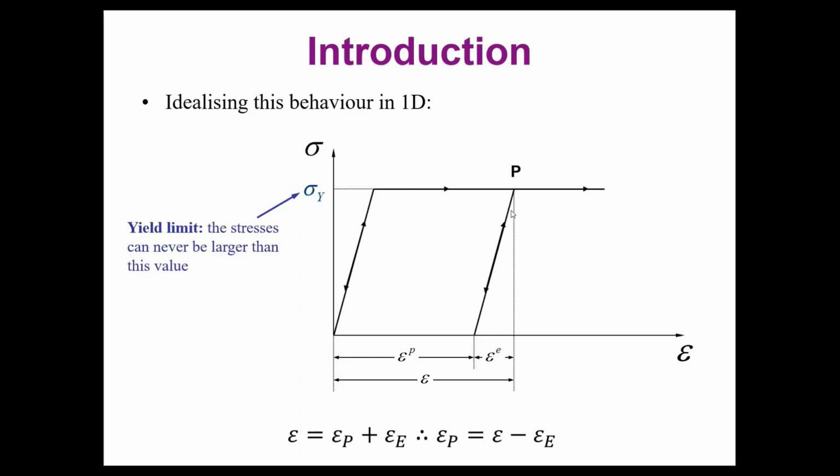And in this case, when we discharge or when we unload and reload the material, we just have a line for unloading and reloading parallel to the first line of the elastic regime, and we don't produce any change in the yield limits because the second line of this bilinear model is horizontal and is representing a perfectly plastic model, where once you reach this value of the yield limit, you don't have any resistance and you just have plastic deformation with constant loads.